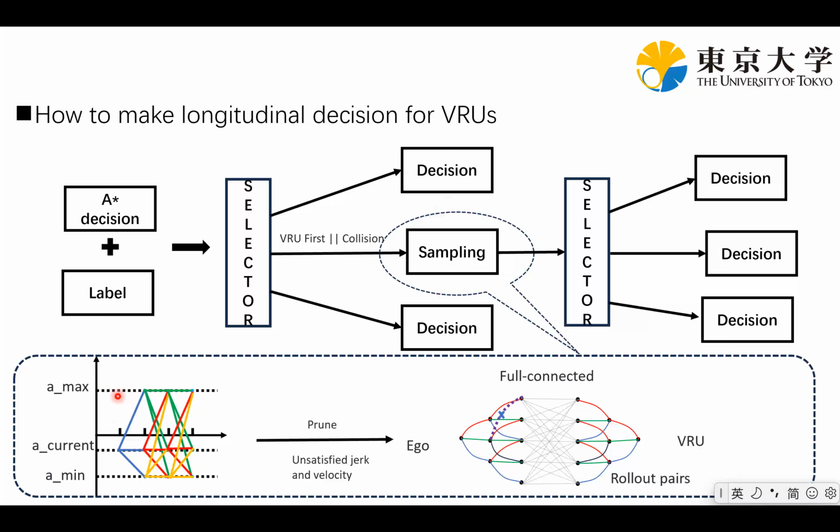We sample the acceleration of both AV and VRU at equal intervals over the next 1 second, 2 seconds, and 4 seconds, constructing numerous trajectories for both. Subsequently, we prune the trajectories that do not meet jerk and velocity requirements. Finally, we connect all remaining AV and VRU trajectories to form trajectory pairs.